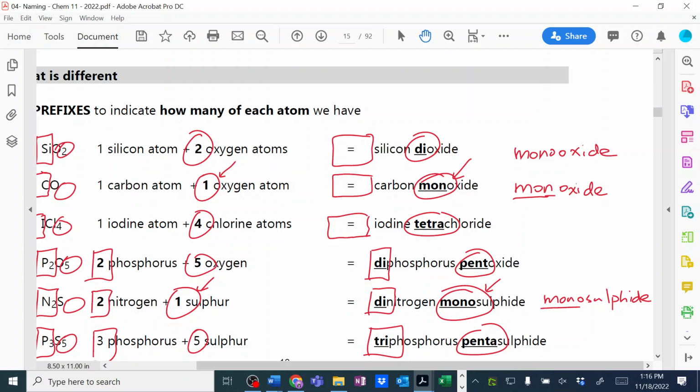Okay, so we drop the O and A before oxide. Only oxide, nobody else. Only O and A, not I.